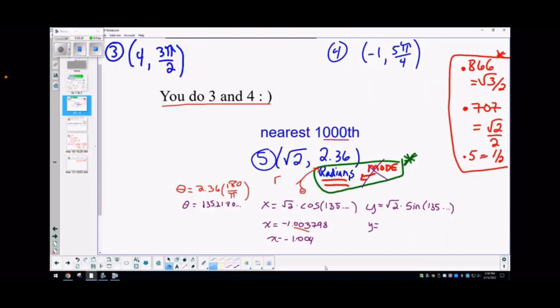Okay, and now you see what this decimal is equivalent to. Again, write at least 4 or 5 decimals down, and now we're going to round to the nearest thousandth. So y will equal 0.996.